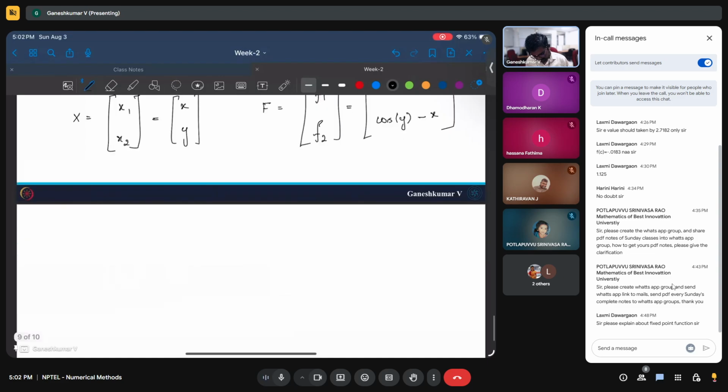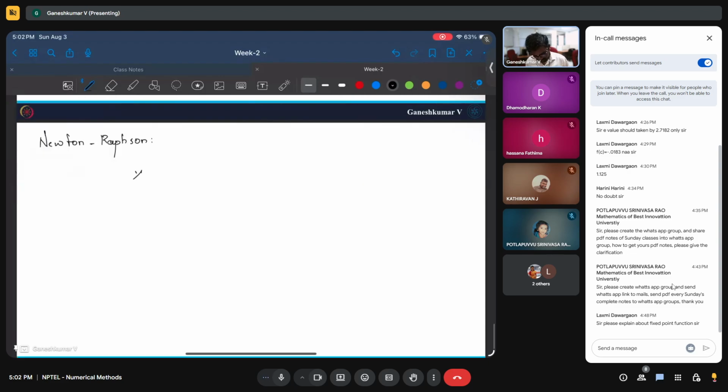Now let's try solving this using the Newton-Raphson method. In Newton-Raphson, what do we do? x of n plus 1, I'm going to write the iteration as a superscript, equals x of n minus the function evaluated at the nth x divided by its derivative.